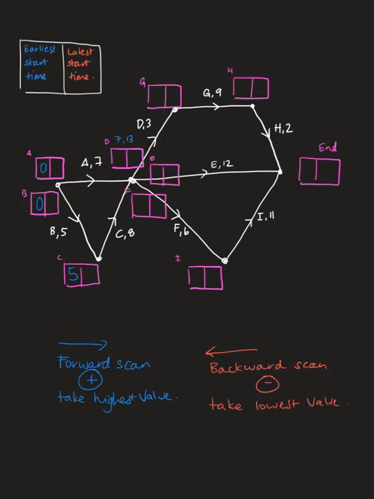Now, because these three activities all start at the same place, these three all have the same two options, right? Because they're all leading off from the same place. Again, doing my forward scan, I'm looking for the highest value if I have an option. So the highest value for each of those would be 13.